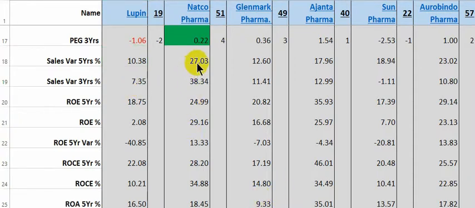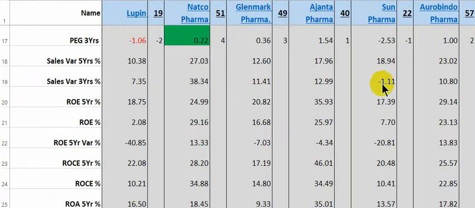Natco Pharma's sales are growing at a healthy rate of 27% and 38% in the last 3 years. Glenmark has also done well. Ajanta has also done well, about 10%. Sun Pharma's recent 3 years sales has fallen by the rate of 1.1%.